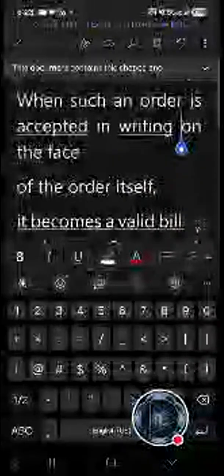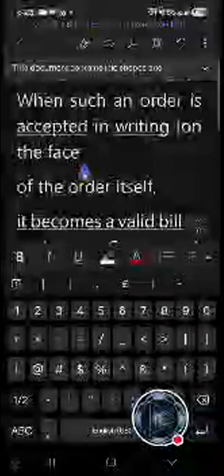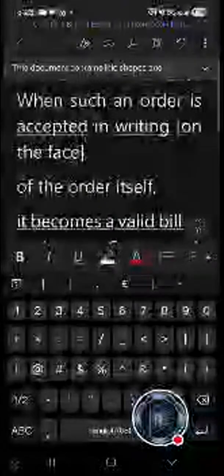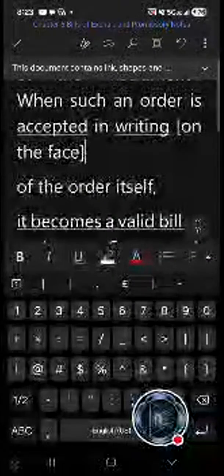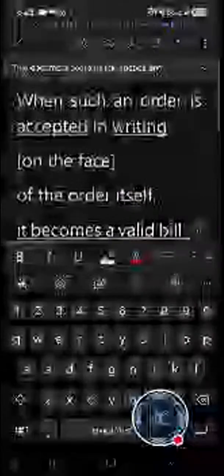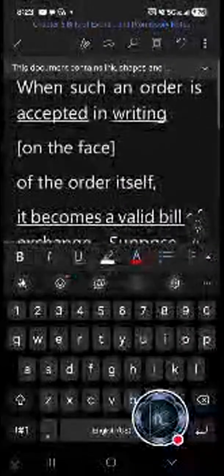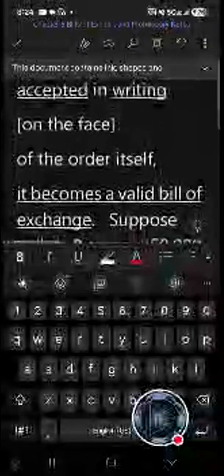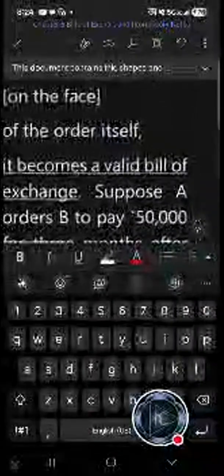You need to understand what on the face means. On the face is a core term that means clear as day. It's written, clear as day. It was accepted in writing on the face of the order itself. It becomes a valid bill of exchange.